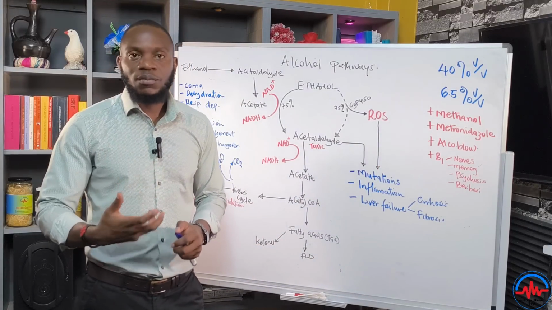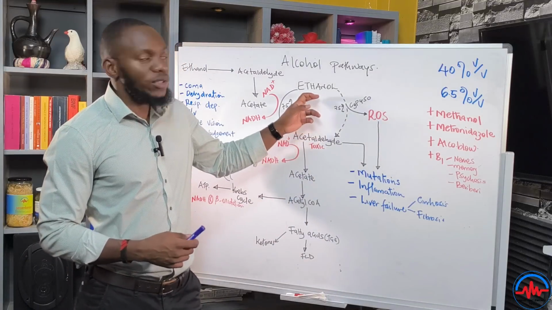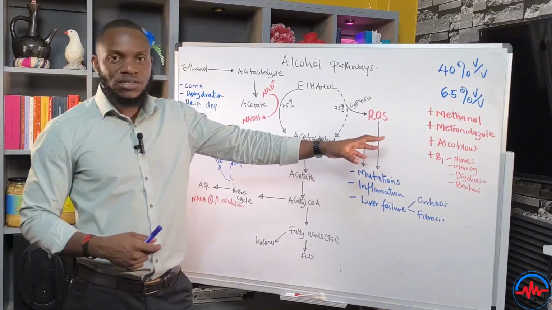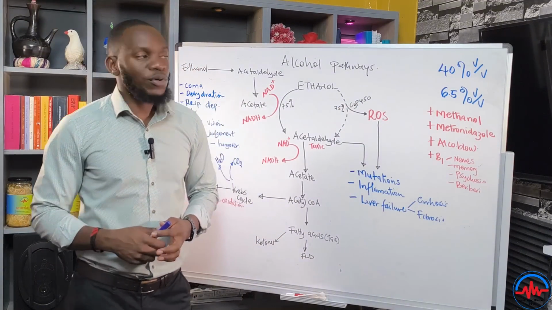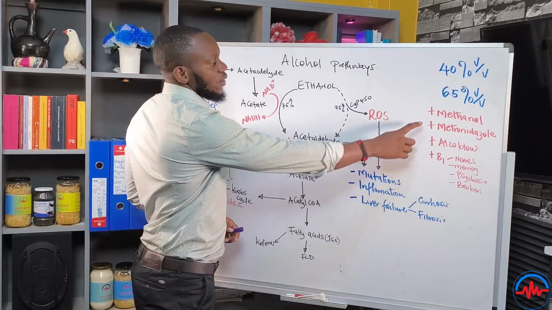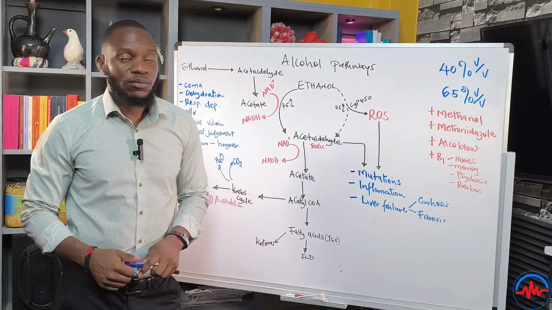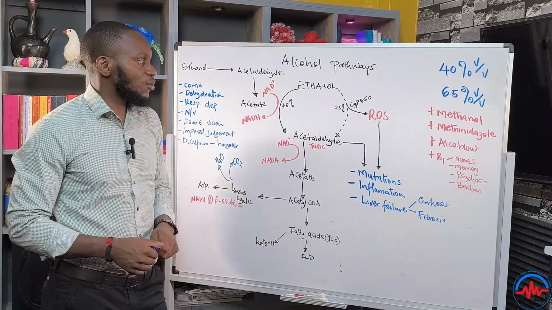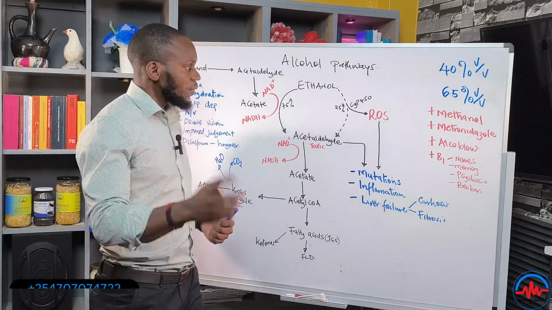Ethanol will compete with methanol for binding to the receptors and will displace methanol from the receptors, and that will help you recover from the methanol intoxication. So it's easier to use ethanol to do away with the toxicities of methanol. But this is a case that is supposed to be handled under very keen observation in a hospital setup.